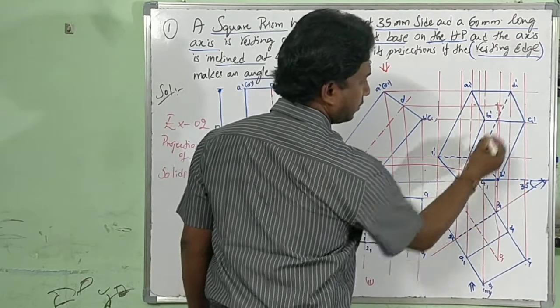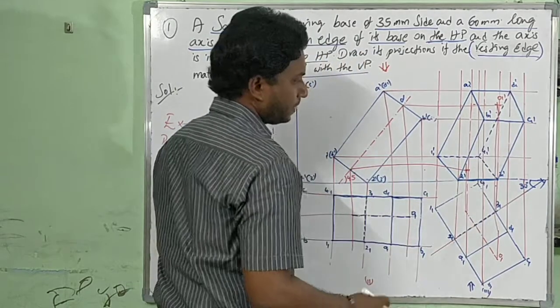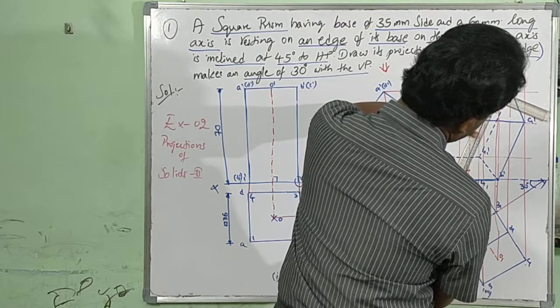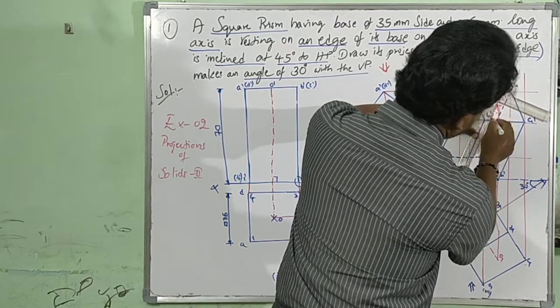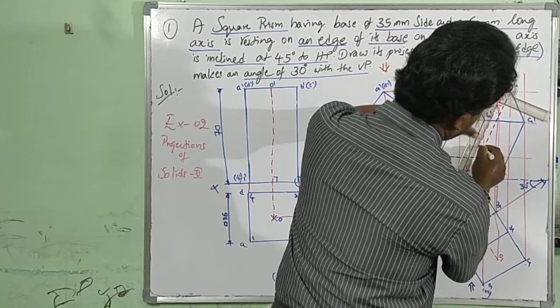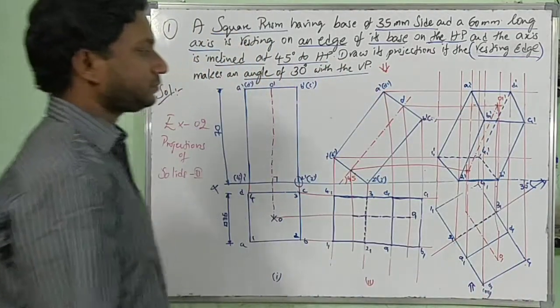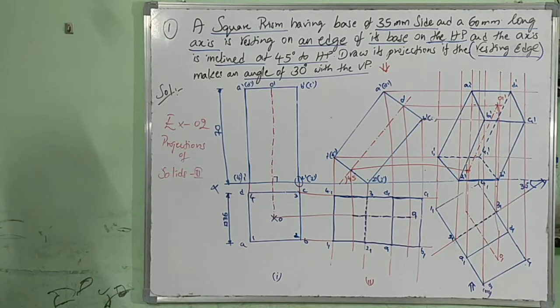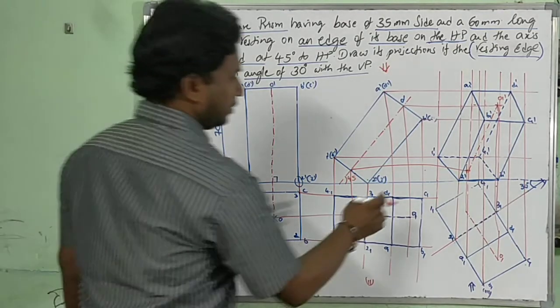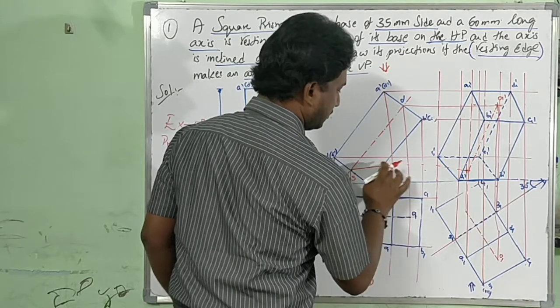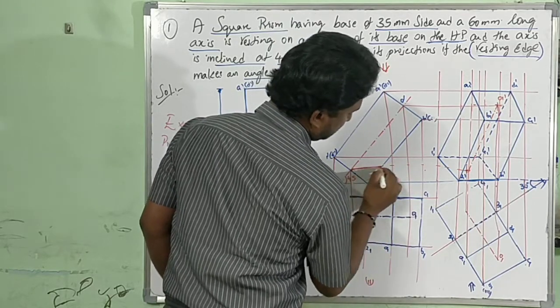Now you will get here and here, this is O1 dash. Axis line is to be drawn separately, you will get it separately. Finally done. If you are not satisfied with the line which I have drawn here, you have to correct it as right.